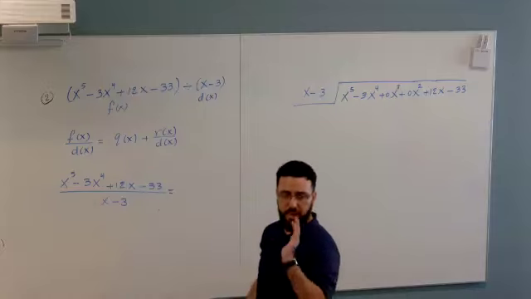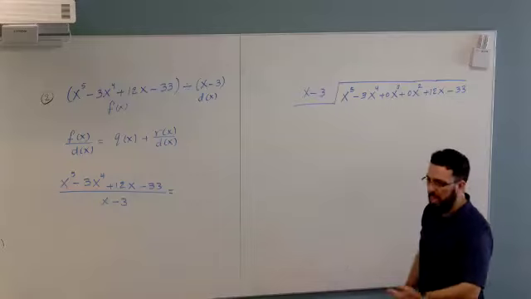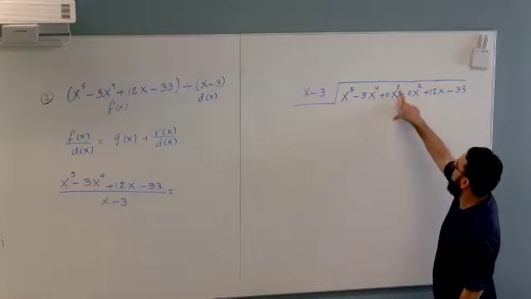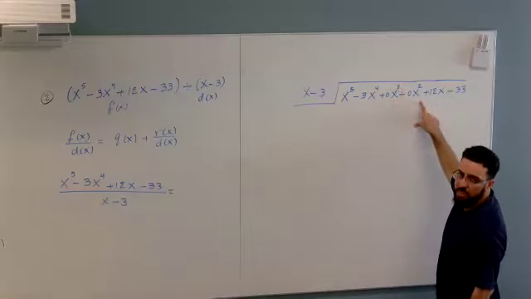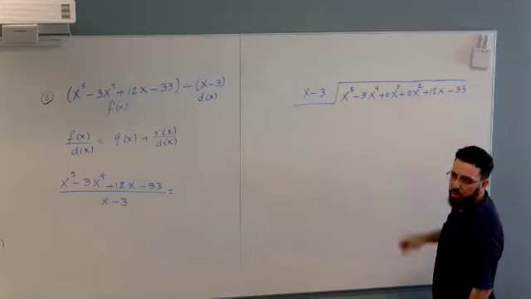Always for the missing term, write down 0 plus the term. Cubed, I'm going to put 0x cubed. And I'm missing the squared, so I'm going to put 0x squared.